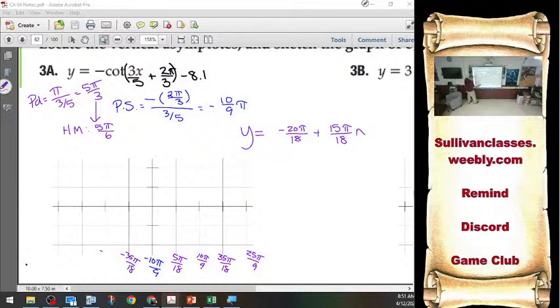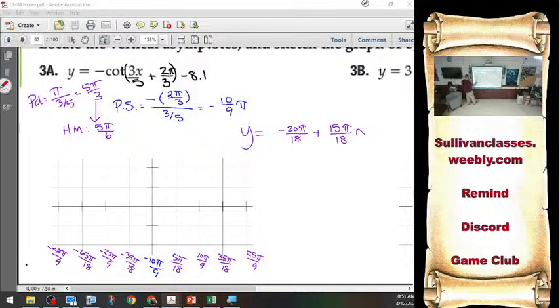Negative 50 pi over 18 is negative 25 pi over 9, is negative 65 pi over 18. It's not divisible by 3. Nope. And negative 80 pi over 18 or negative 40 pi over 9. Yay or nay? Okay. Assuming I can do arithmetic early in the morning.